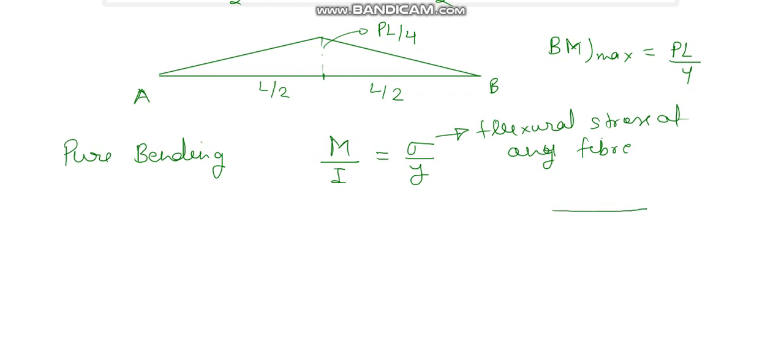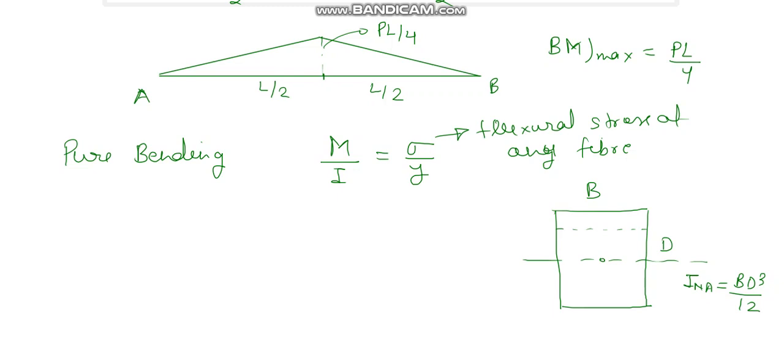For example, this is the section of the beam, it is the neutral axis, the width is given as b and the depth is given as d. So the moment of inertia about the neutral axis is b d cube by 12. Now this is the section, and for example this is the location of any fiber. At this location, if we want to find the sigma, this is the distance of this fiber from the neutral axis.